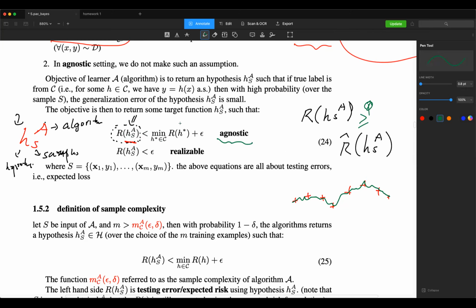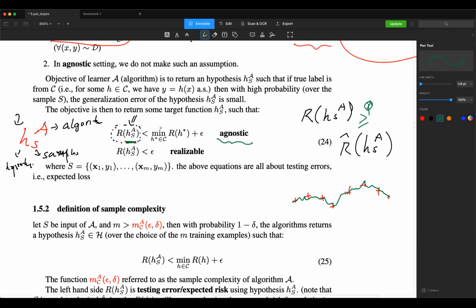So therefore, there's always going to be a little bit of system noise in here, right? So hopefully, what you want is for this hypothesis that you've learned from your training data to have a very low expected error, right?